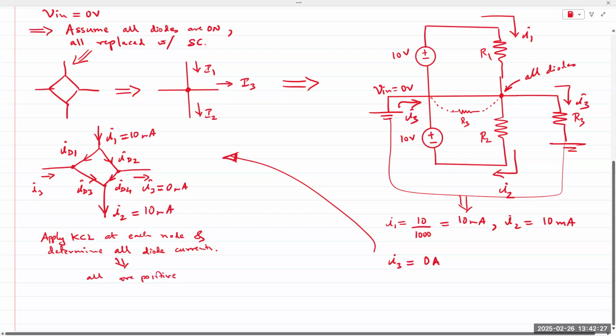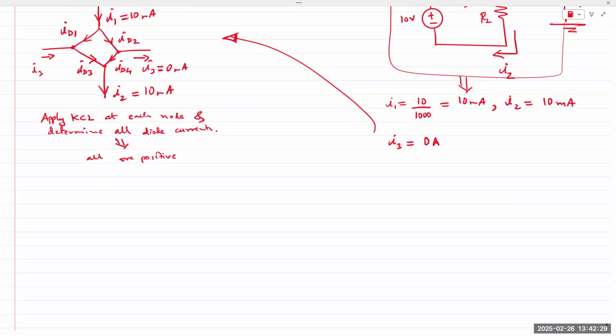And if they're all positive, that means my assumption is correct. Okay, my assumption is correct. Take a pause for about 30 seconds or so, and then we move on. We have about 16, 17 minutes left.